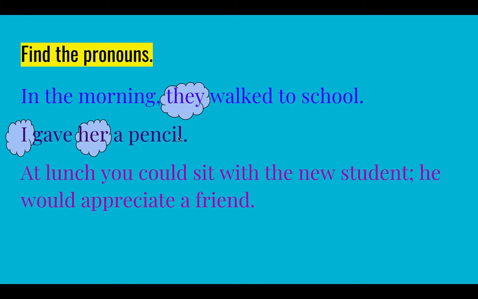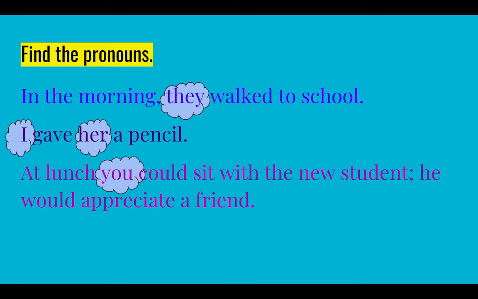All right, let's look at this next sentence. At lunch, you could sit with a new student; he would appreciate a friend. All right, in this case, we have, again, two pronouns. Our first pronoun is in the first part of the sentence, you, which is a second person point of view pronoun, but it's also a subject pronoun because it's who's doing something in the sentence, you.